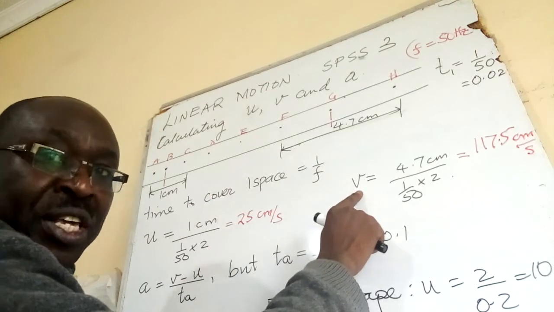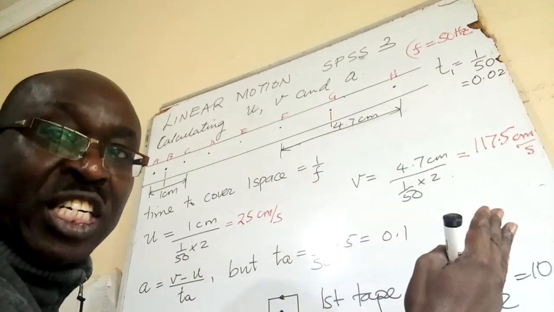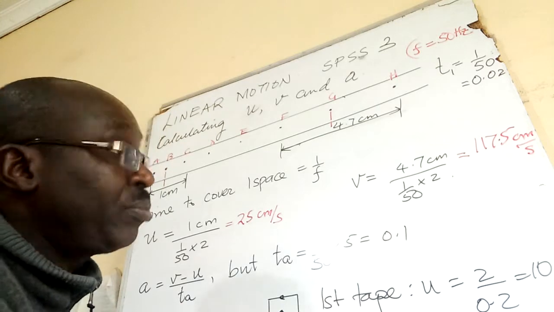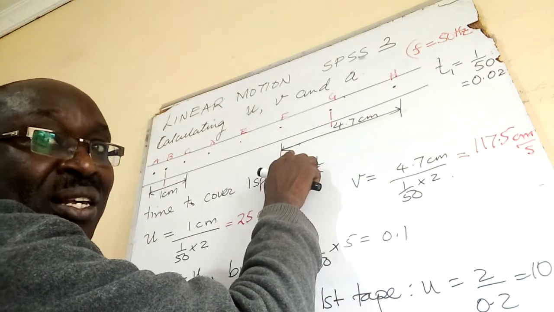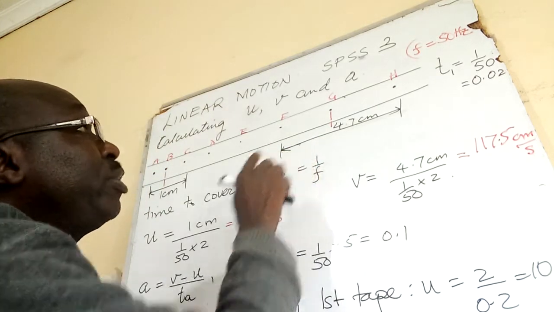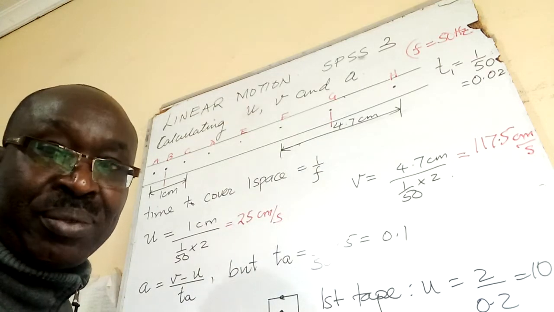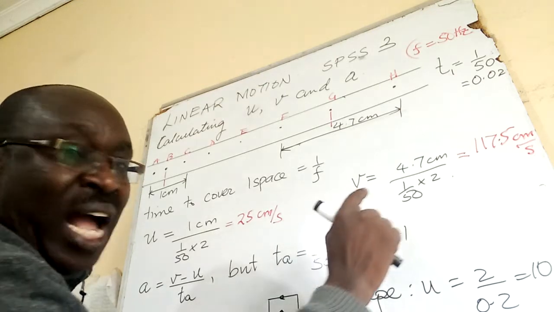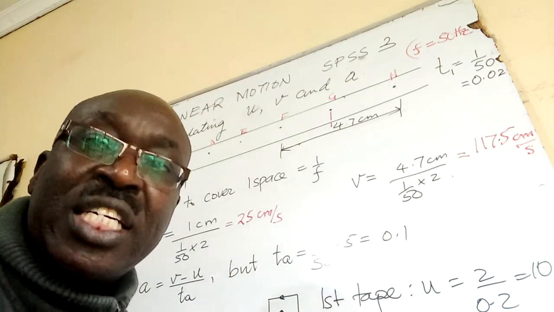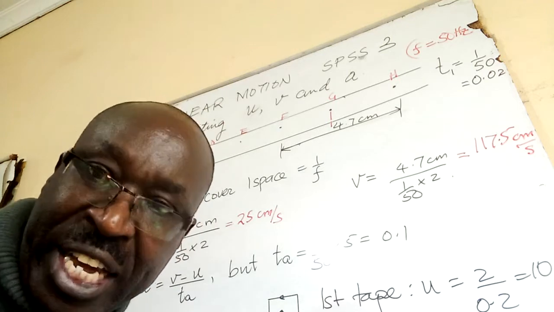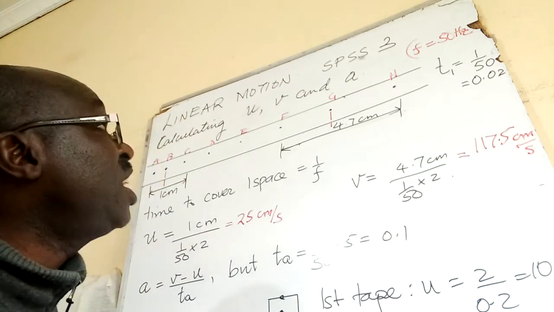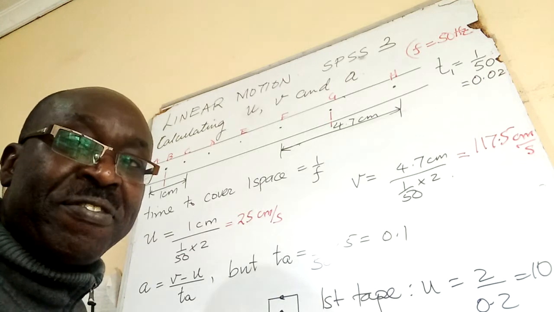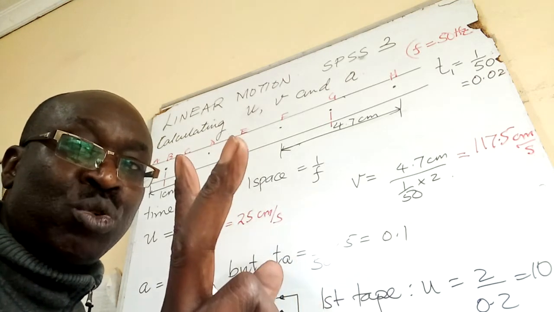What about V, final velocity? I take it from the end of my tape. The distance that has been given is between F and H. That is 4.7. I have to come and get what time did the timer take to cover the distance FH. FH is made up of two spaces.